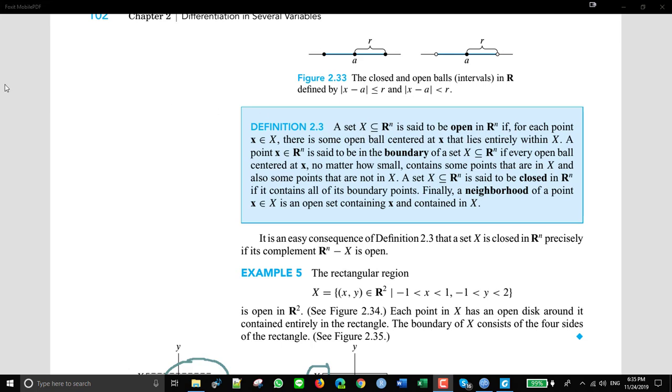A set X in Rn is said to be open in Rn if for each point X in our set, there is some open ball centered at X that lies entirely within X. Okay, so we saw that. The next thing we're going to define is what we mean by the boundary of a set.